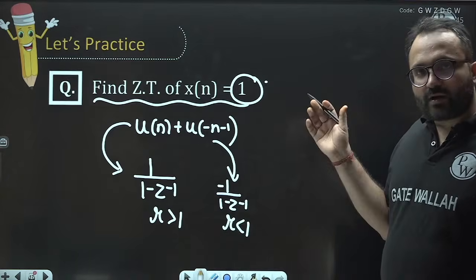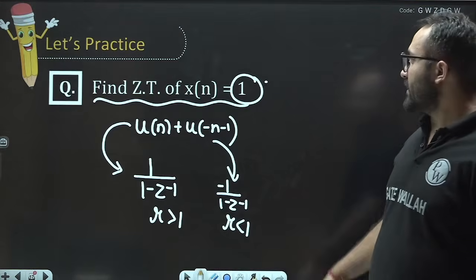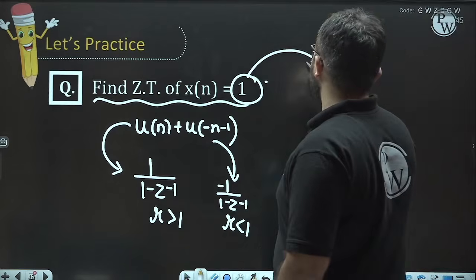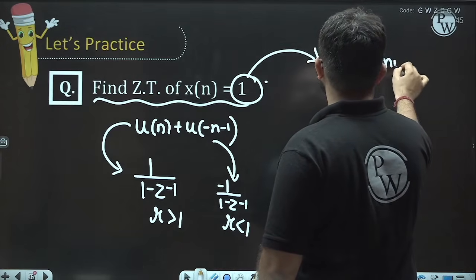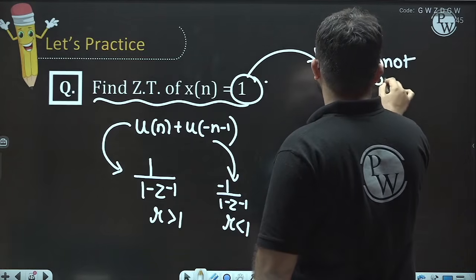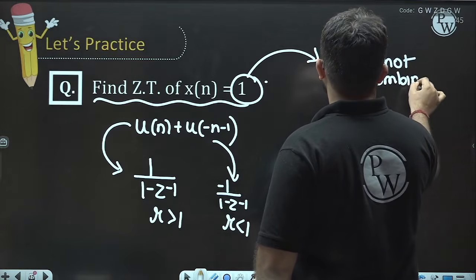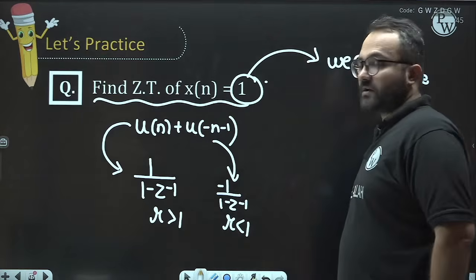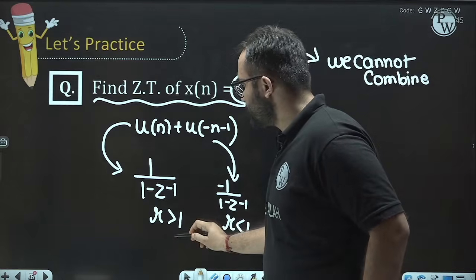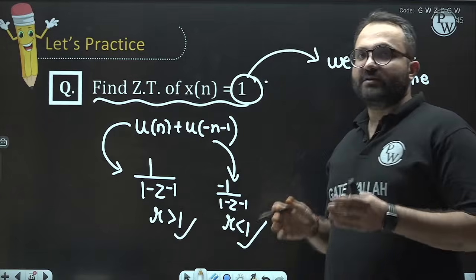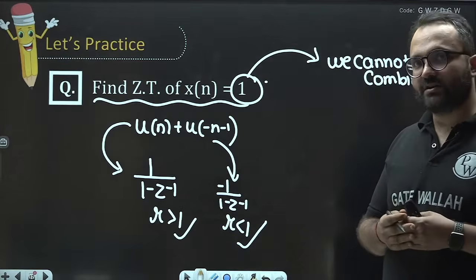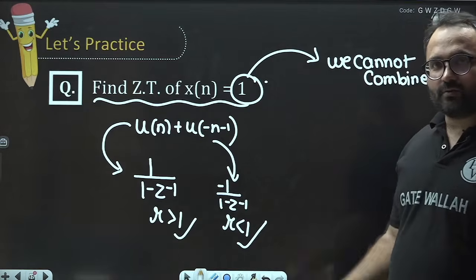Now, if we try to combine these two, we cannot combine them. Why? Because the ROC will become invalid. One is saying that ROC is greater than 1, one is saying ROC is less than 1, so the ROC is invalid because there is no common region available.